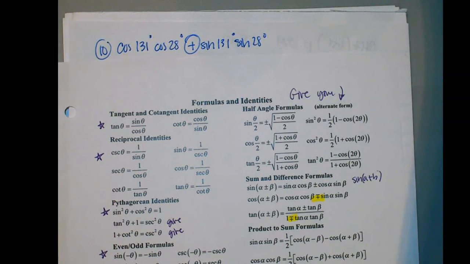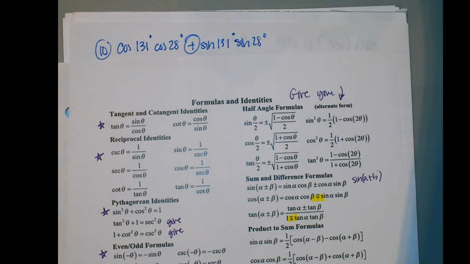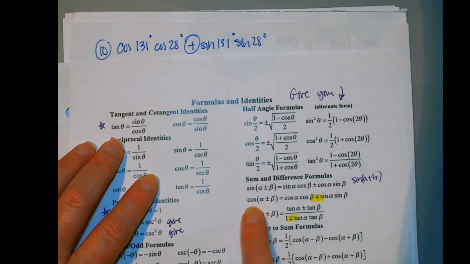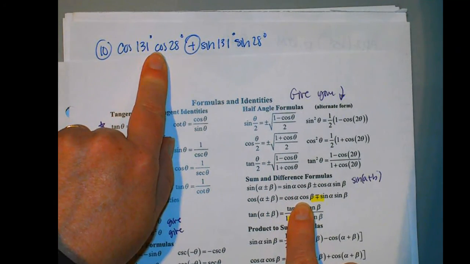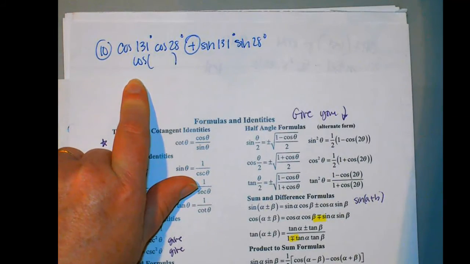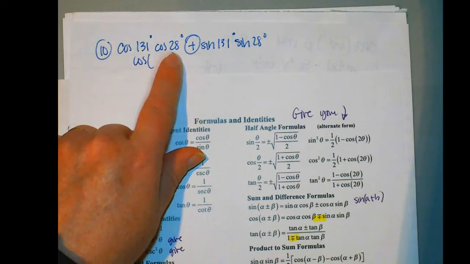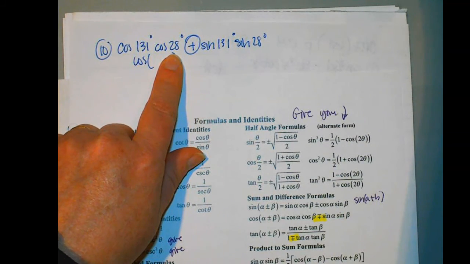So what they're asking you to do is, this is given to you in the identity form. What are you actually trying to find? You're actually trying to find the cosine value because it's cosine cosine. So you're looking for cosine. And then if it's a plus here, what does it actually mean you're doing with 131 and 28? You're doing subtraction. So do you see now what they're doing?